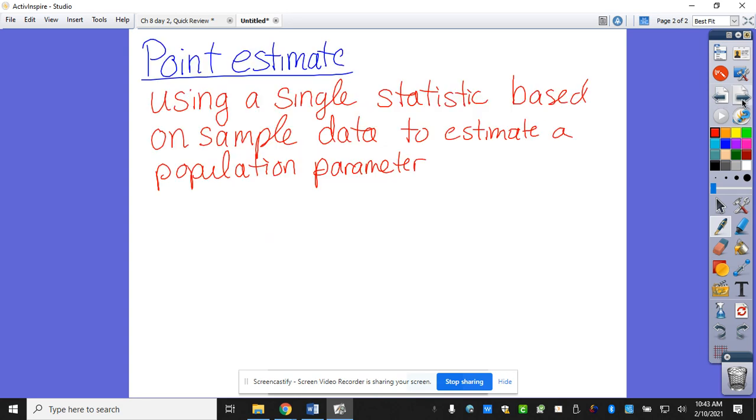What was that as a symbol? X bar, because we're dealing with means. What else could it be if we're not dealing with means? Last chapter was the other thing we dealt with. It's a statistic: p-hat. So most of the time, we're going to be using X bar to estimate mu and p-hat to estimate p. But technically, we could do it with S estimating sigma and stuff like that.